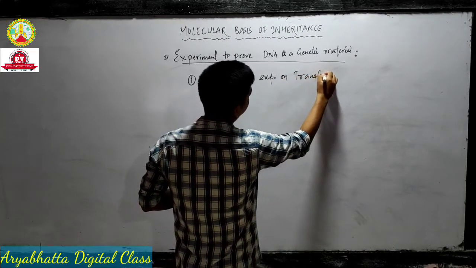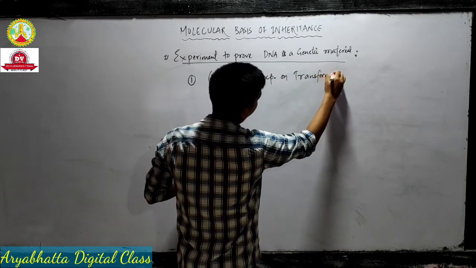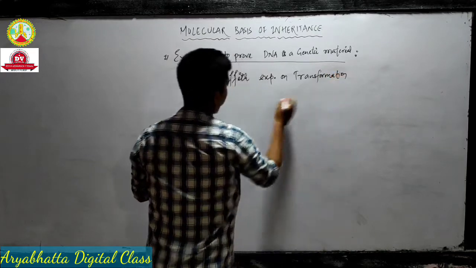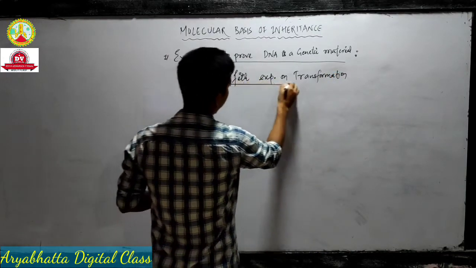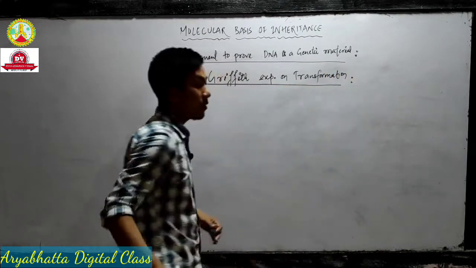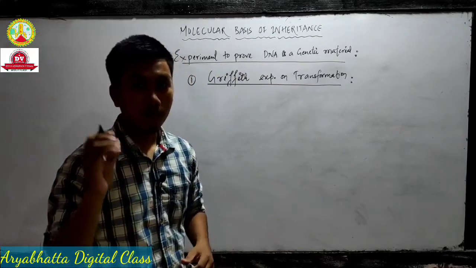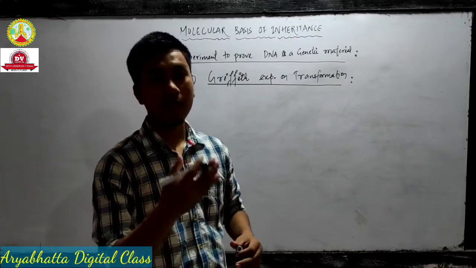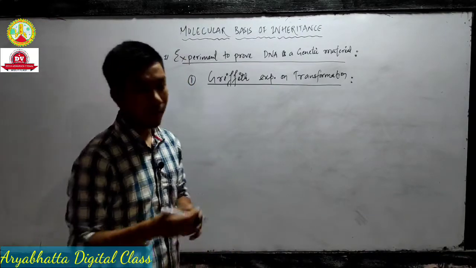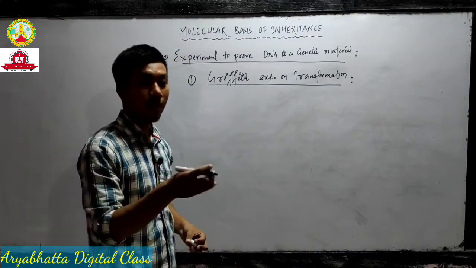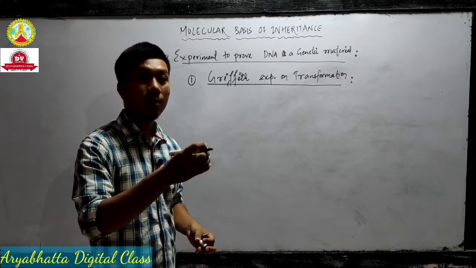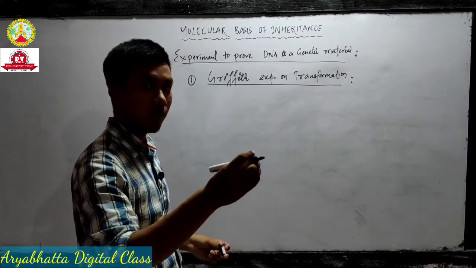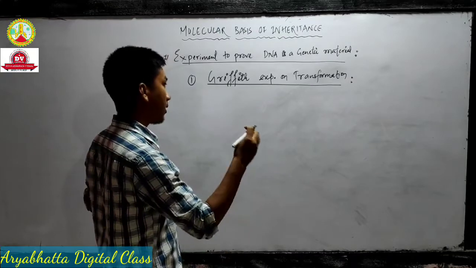So the name of the experiment is transformation. This was the first experiment performed by scientists to see whether the DNA is a genetic material or not. Genetic material means that it is passed from one body to another body, that is, generation to generation.